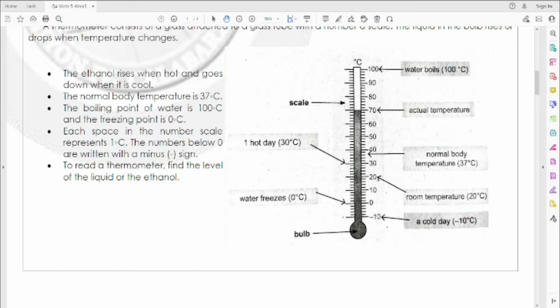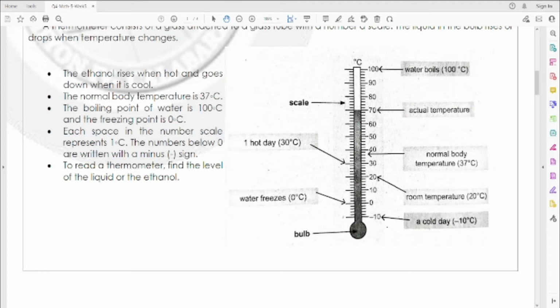The numbers below 0 are written with a negative sign, like this. To read a thermometer, find the level of the liquid or the ethanol. In this illustration, here is the scale. When the reading reaches 30 degrees Celsius, it is a hot day.